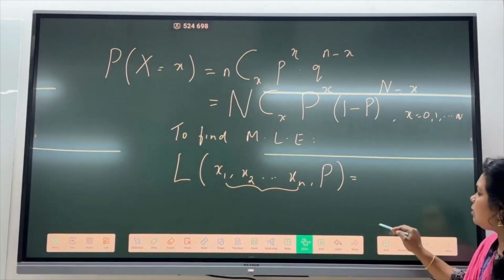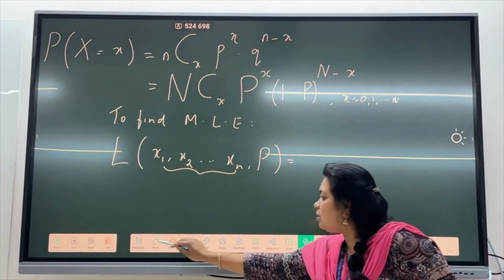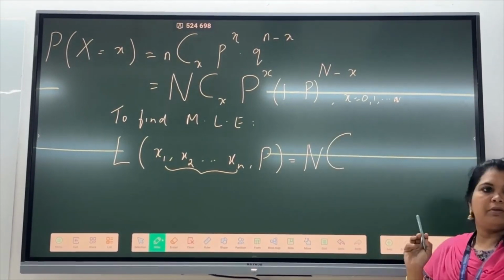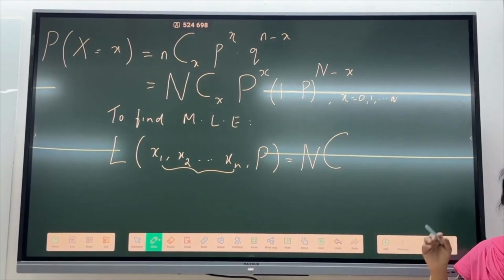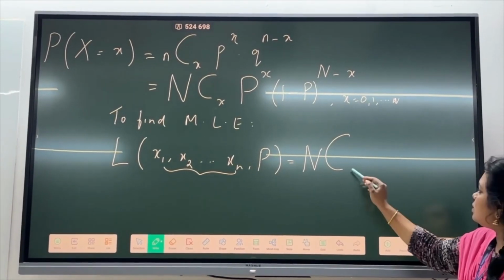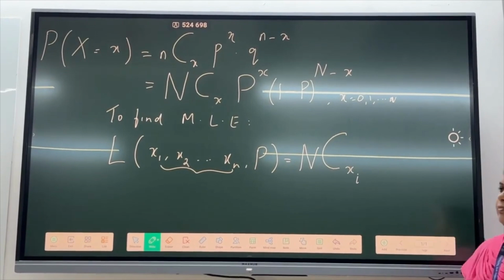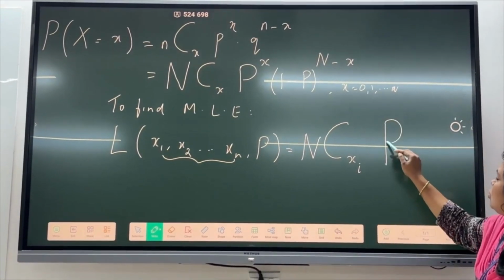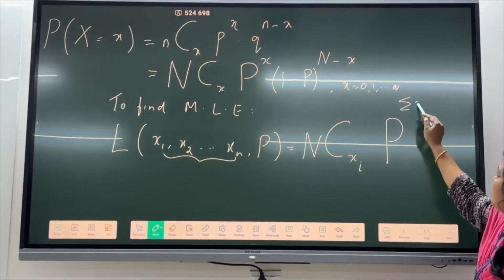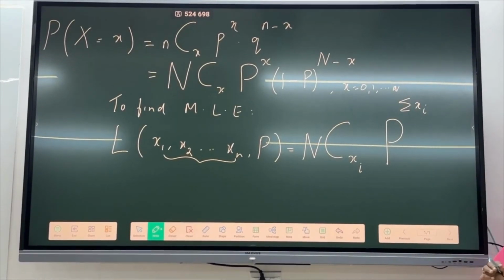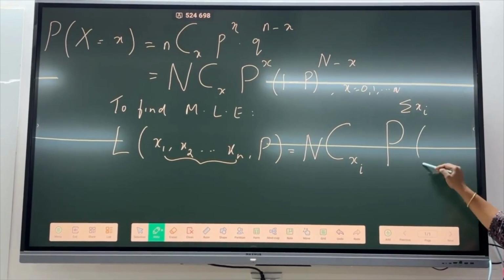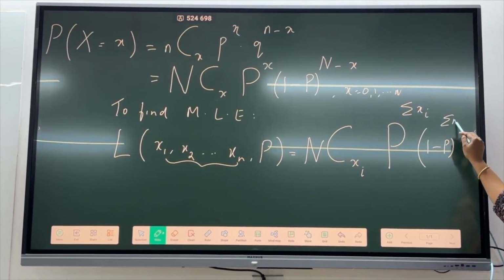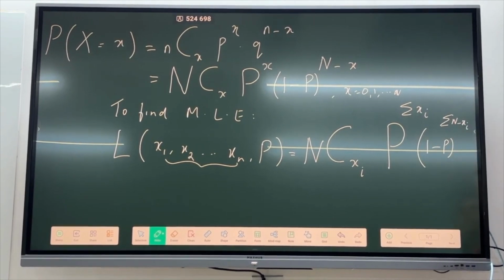So we write capital N C xi, where capital P goes to summation xi, and 1 minus P goes to summation of N minus xi.